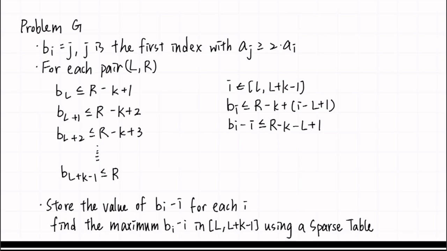So we can keep track of another array B, which can store the first index that has a value greater than or equal to 2 times AI. So BI is equal to the first index that has a value greater than or equal to 2 times AI.